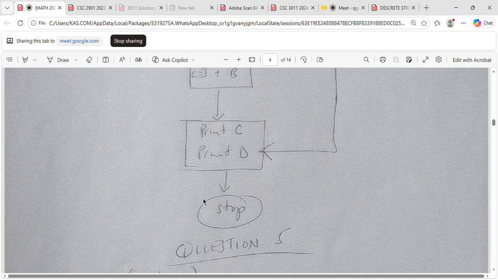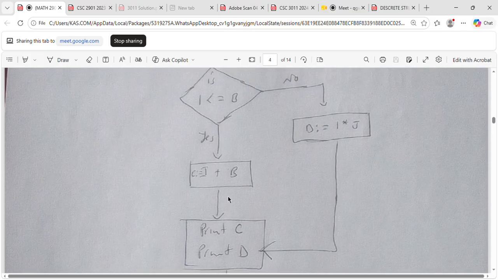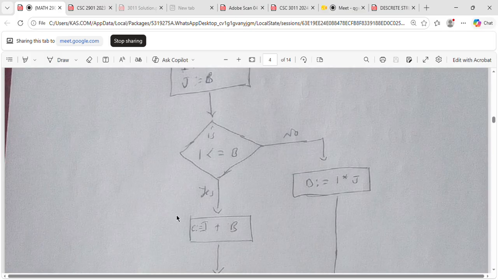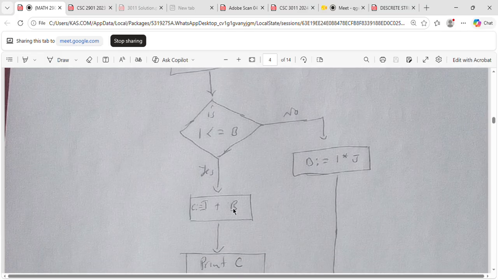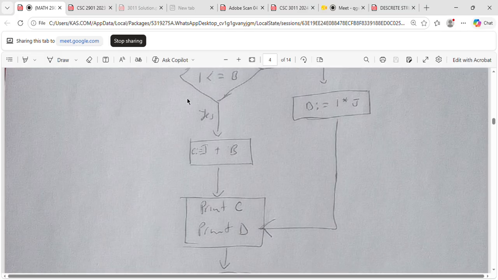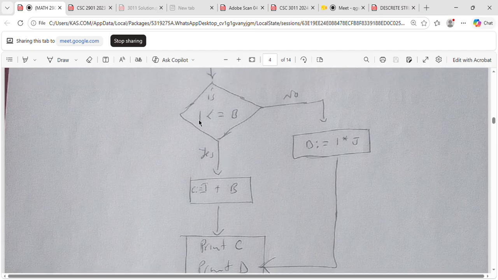Otherwise, you have to increment. Incrementing is always after printing. So after printing, you increment. After you increment, then you go back to the condition. What do you increment? You increment what is in the decision box.